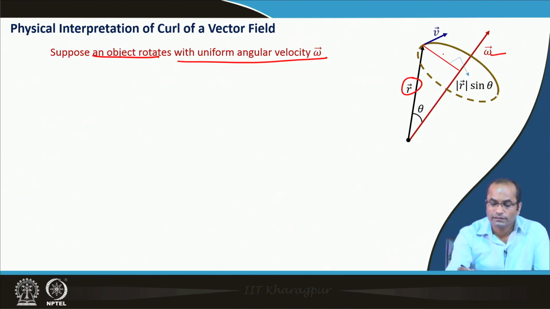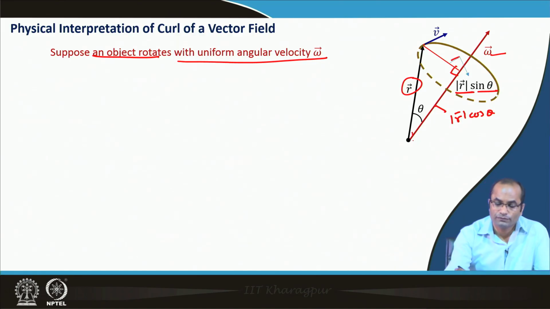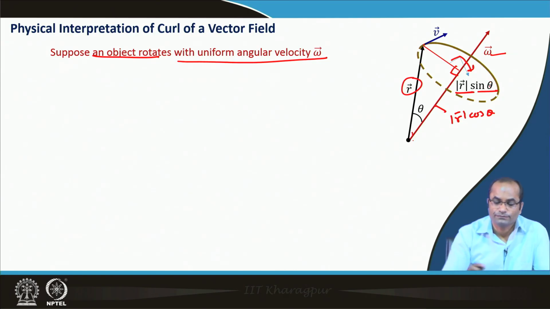This distance, or the radius as we call it, is given by the magnitude of r times sin theta. This is the 90 degree angle, so this will be the magnitude of r cos theta, and the vertical one will be the magnitude of r with sin theta.